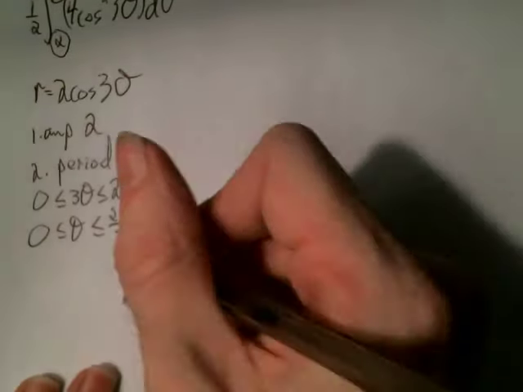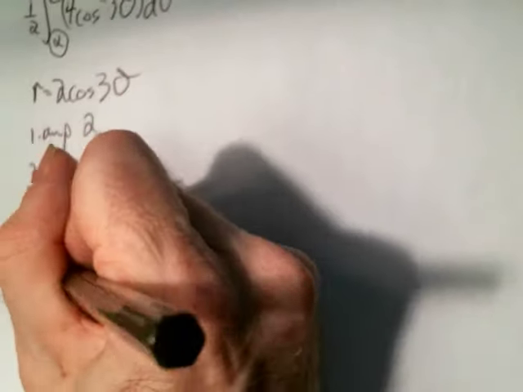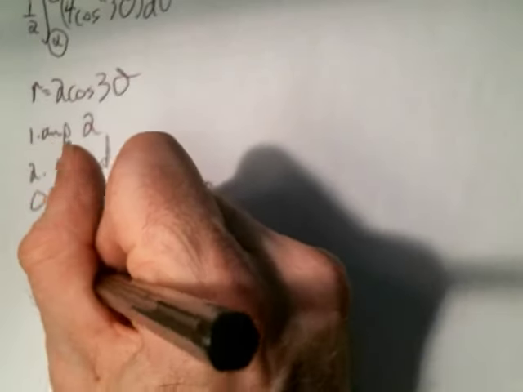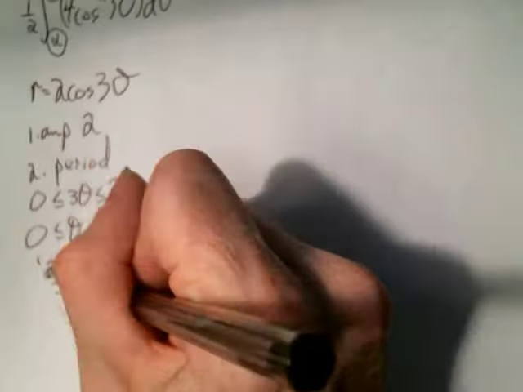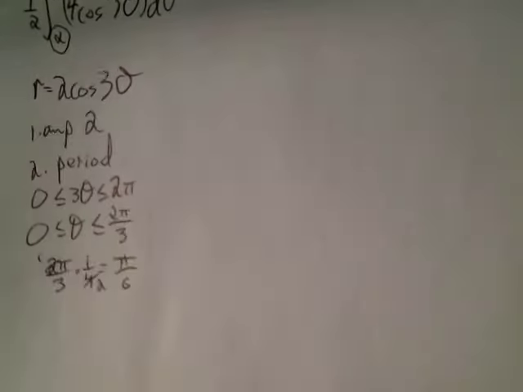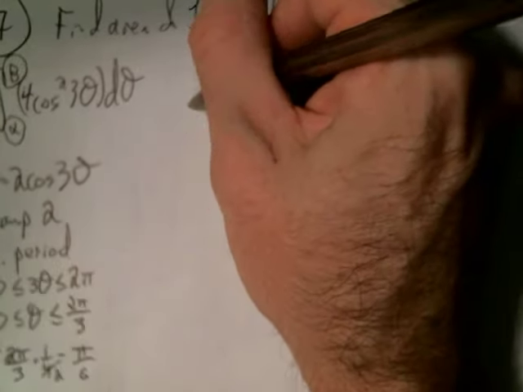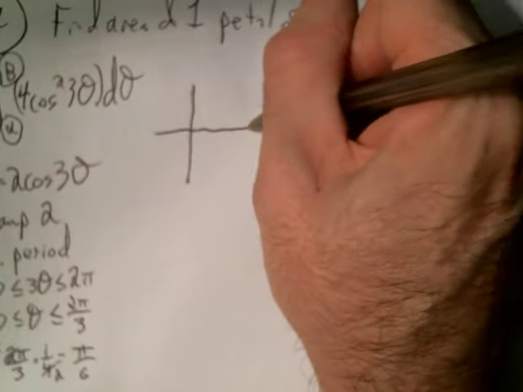Dividing this by 4, 2 pi over 3 divided by 4 is the same as multiplying by 1/4, so I'm going by pi over 6s on my theta axis.